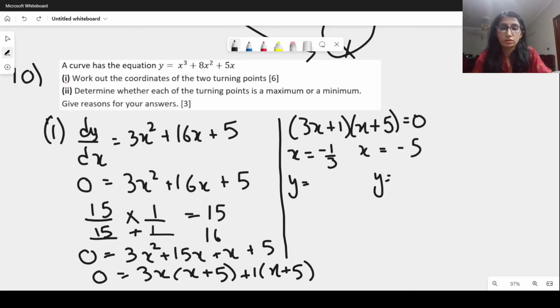So I got minus 118 over 27. Let me confirm whether I entered everything. Oh, I missed a whole square, so there's that, plus 5x. Yeah. So now the answer is minus 22 over 27.